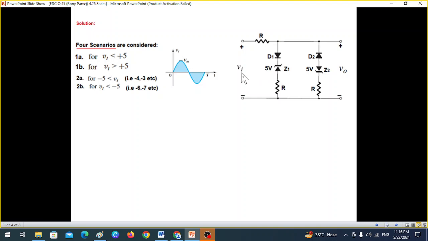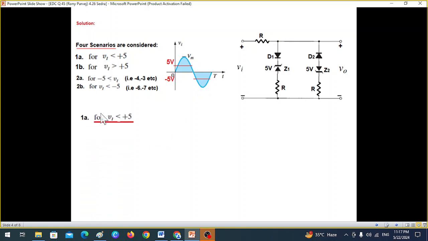And because it is less than 5 volt, the Zener will be off and will not break down. So there could be 4 scenarios like this. One is less than 5 volt. The other is when the input is more than 5 volt. And similarly for the negative side. So we just draw a line to represent these 4 areas: the first one, second one, third one, and fourth one.